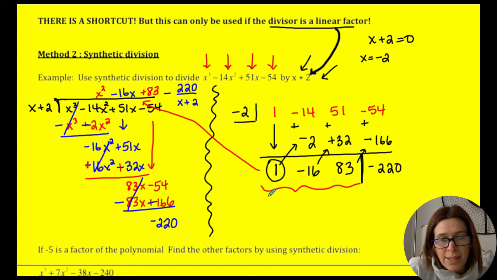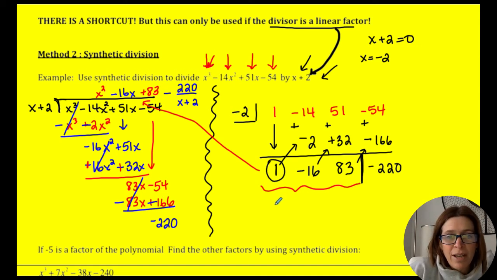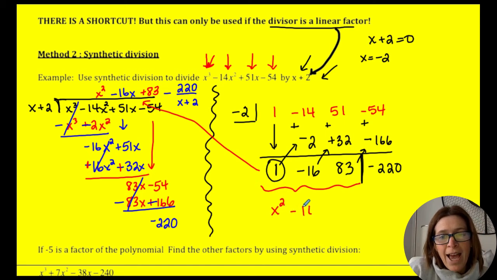We call this the depressed polynomial, or we can use these coefficients to write a depressed polynomial. The depressed polynomial has a degree that is 1 less. So this would be my x squared term, this would be my x term, this would be my constant term, and again, this is going to be your remainder.